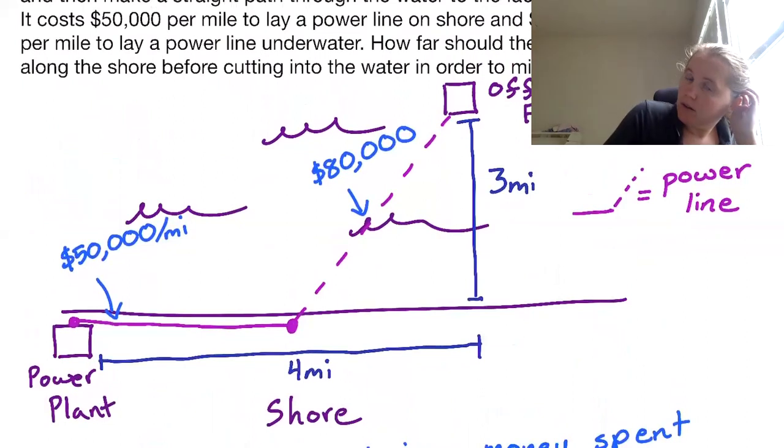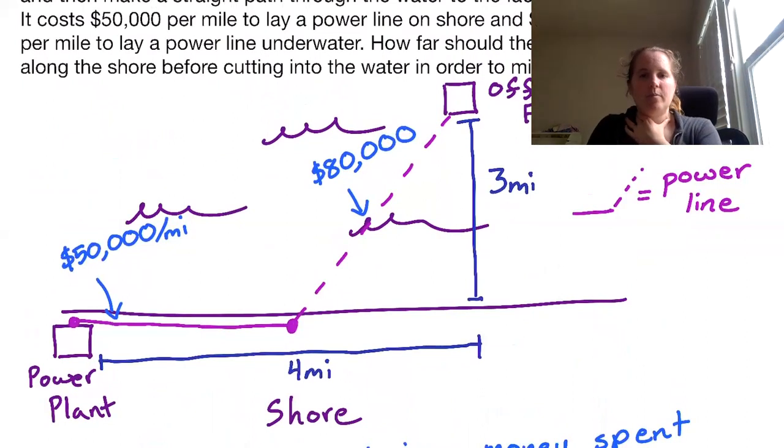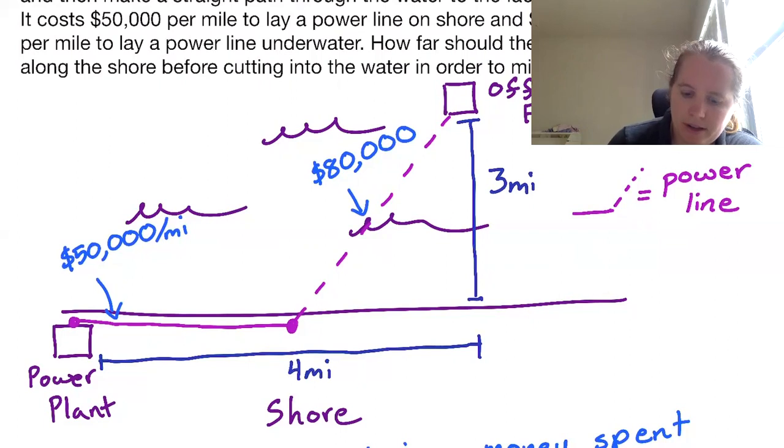So what we'll need to do is label our distances. It's completely up to you. I'm not going to label them right now. I'm just going to put marks at the ones of interest.